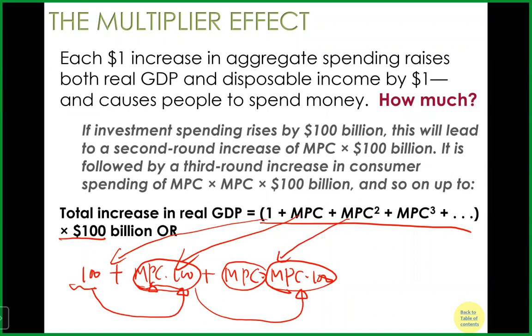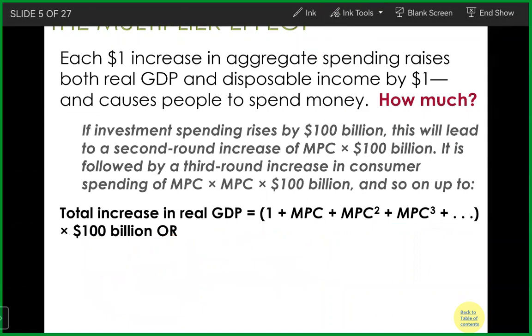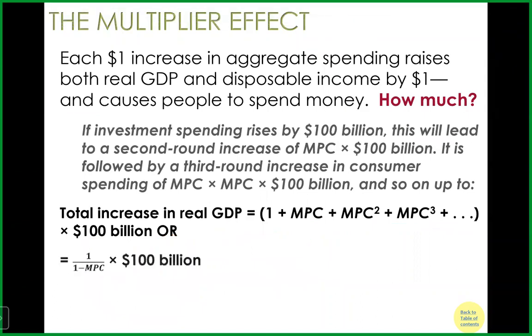For students familiar with calculus or algebra, you immediately know the following: the term inside this parenthesis is going to give you this formula, right? But remember, this is only true when MPC is between 0 and 1, right? But naturally, MPC usually is between 0 and 1.